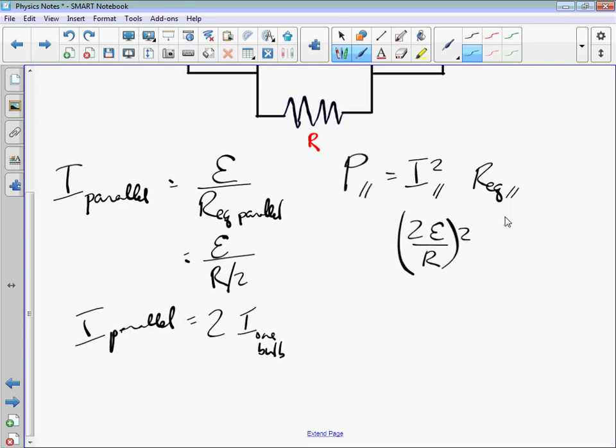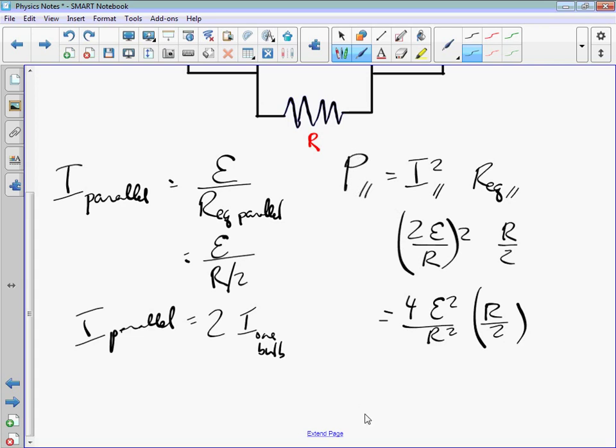Equivalent resistance in parallel was R over 2. I can distribute out the square. 2 squared is 4. So 4 E squared over R squared times R over 2 is equal to my parallel power.